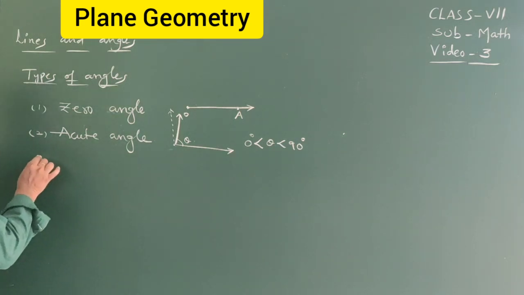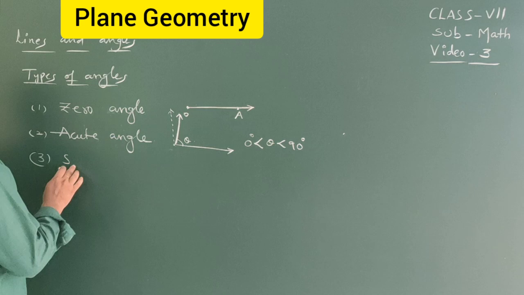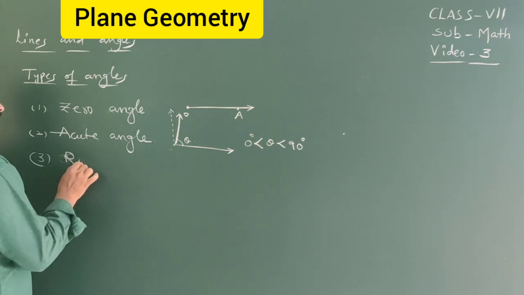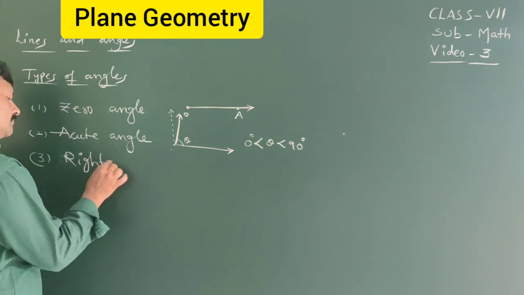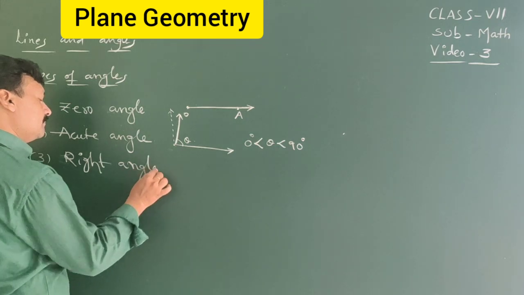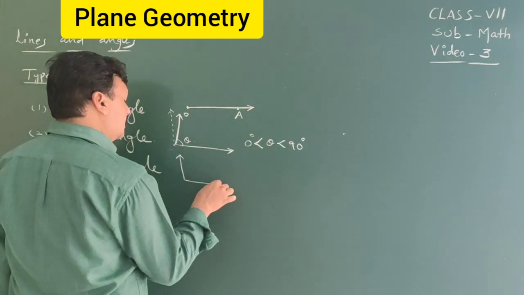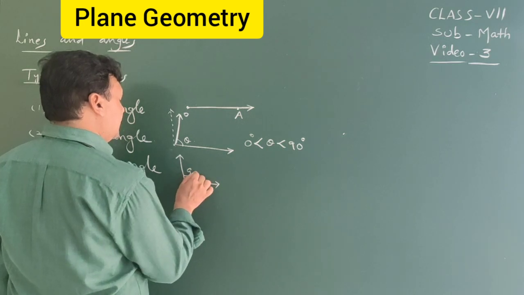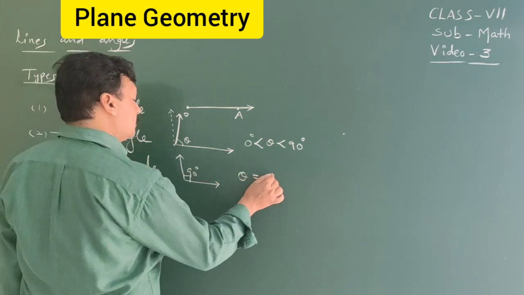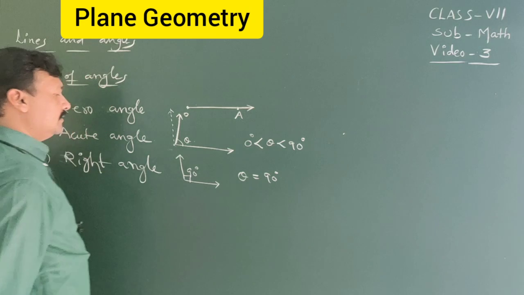It is called acute. Next, right angle. An angle that measures exactly 90 degrees is called a right angle.